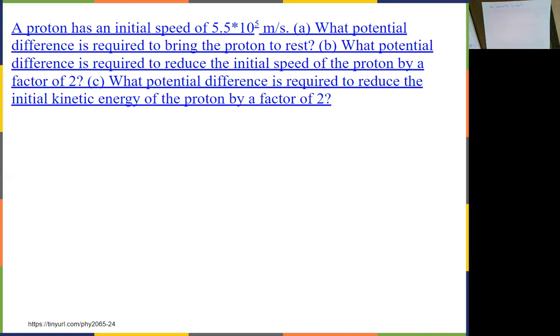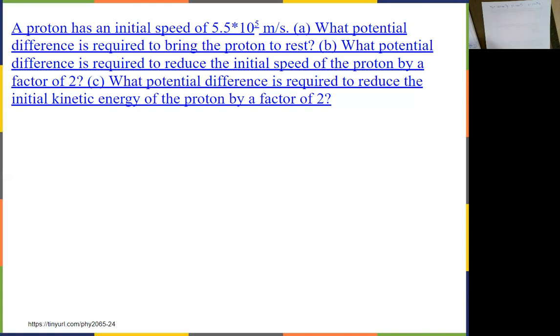It has an initial speed, VI or VA if you want, of 5.5 times 10 to the 5th meters per second. So you have three numbers already given.